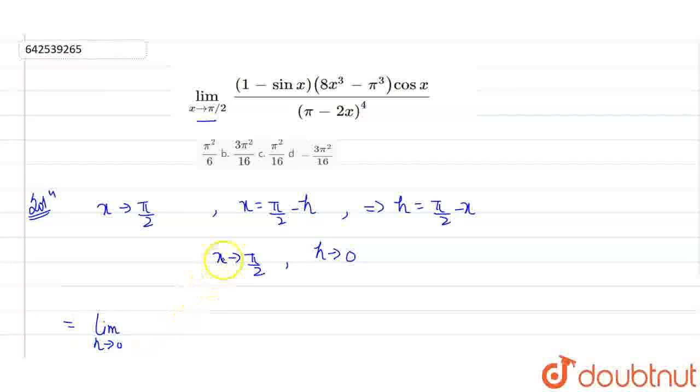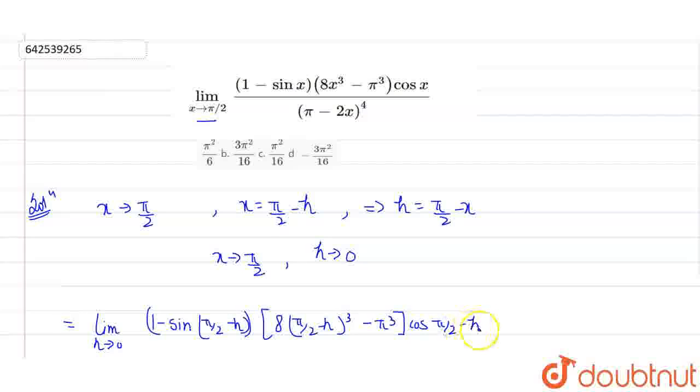Here we can write 1 minus sin x as 1 minus sin of pi by 2 minus h. And further, 8x cube can be written as 8 times (pi by 2 minus h) cube, minus pi cube, as it is, cos of pi by 2 minus h.